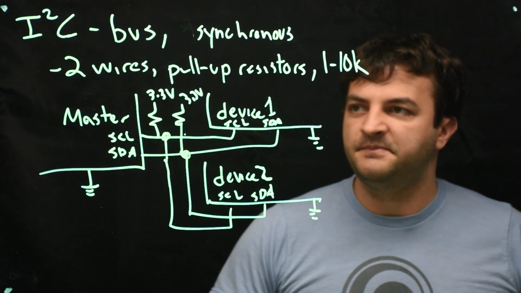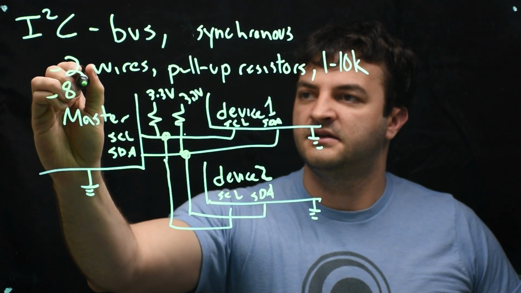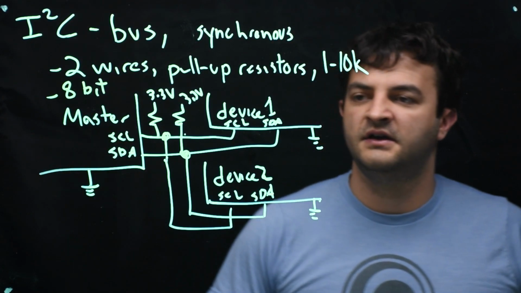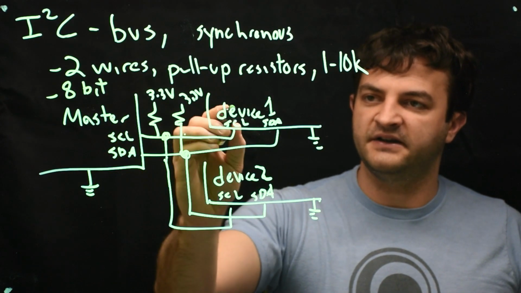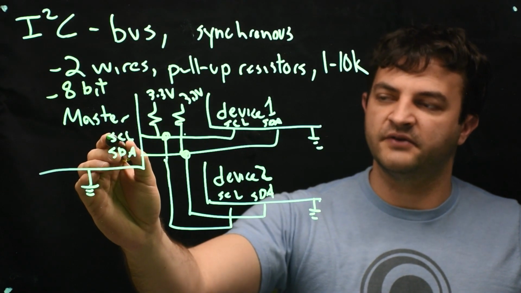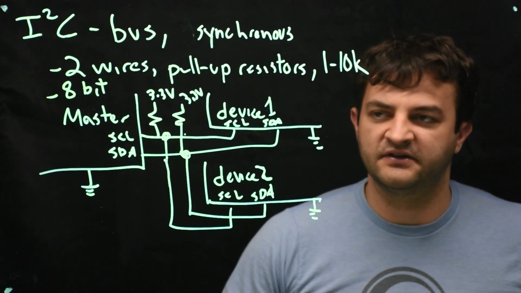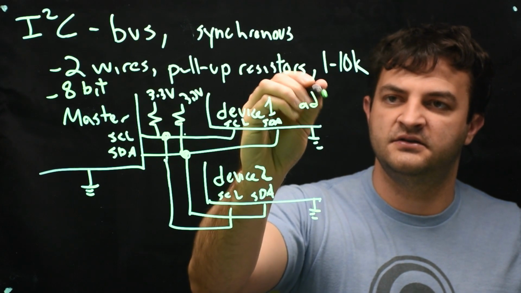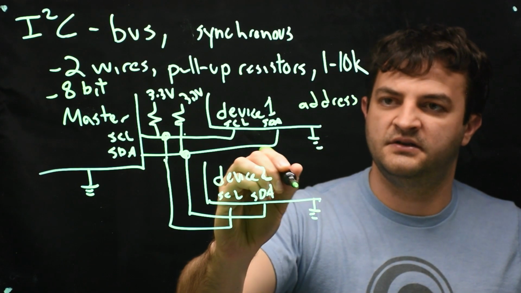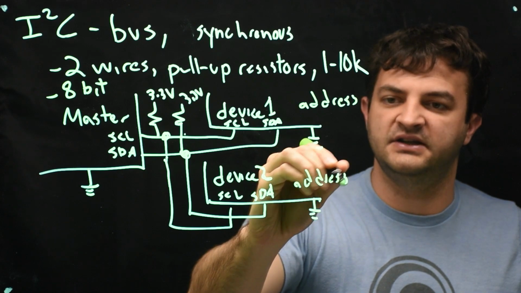So this is 8-bit communication. So every write is going to be an unsigned char. How does the device know that you're talking to it? So when the master writes something, both devices will receive every single byte. Every device is programmed with an address, and that address has to be unique.